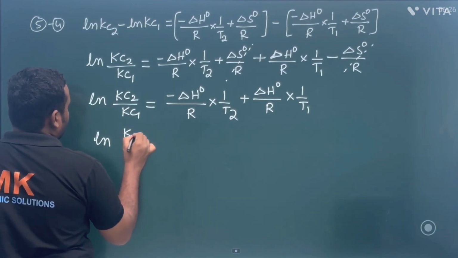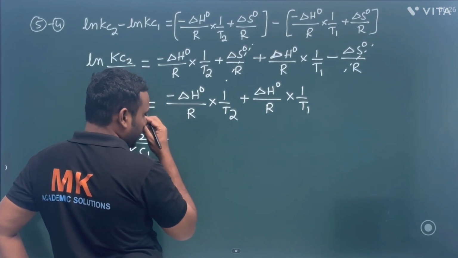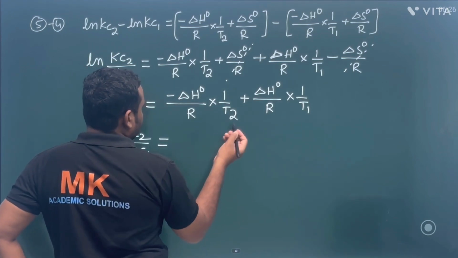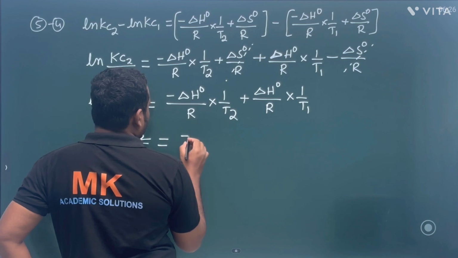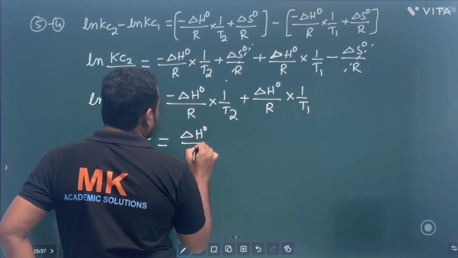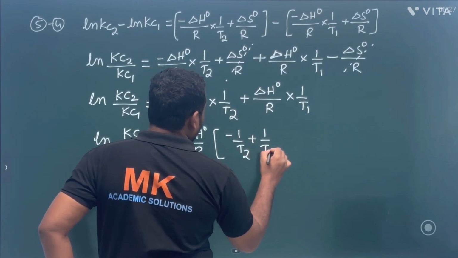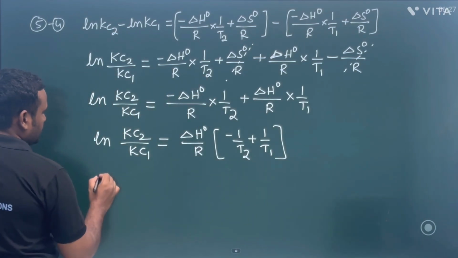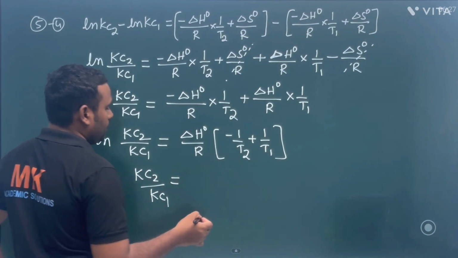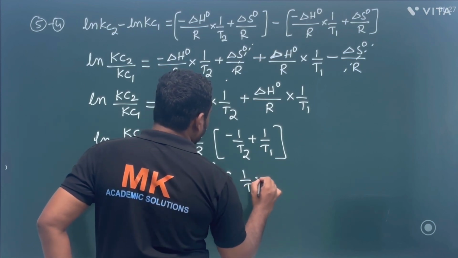So ln Kc2 by Kc1 is equal to delta H naught by R into minus 1 by T2 plus 1 by T1, or ln Kc2 by Kc1 is equal to delta H naught by R into 1 by T1 minus 1 by T2.